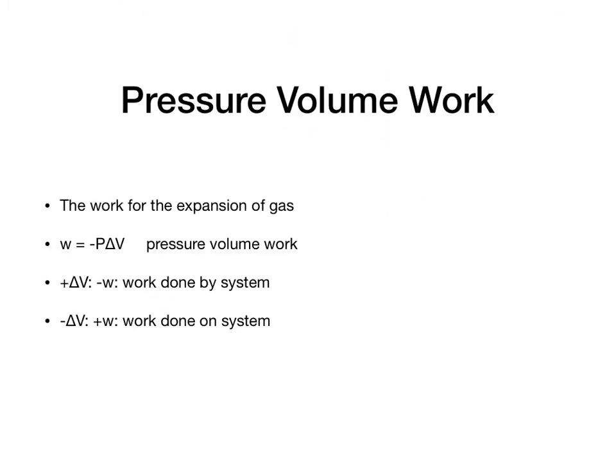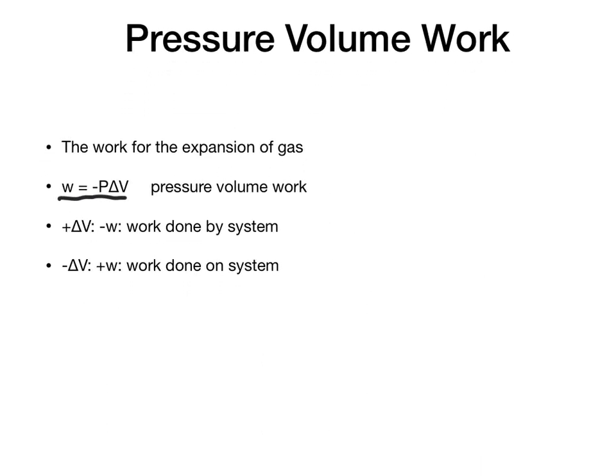One of the things we didn't talk about in the last chapter was that one of the ways we can calculate work is actually in this equation here. Work equals negative P delta V. So work is pressure volume work.